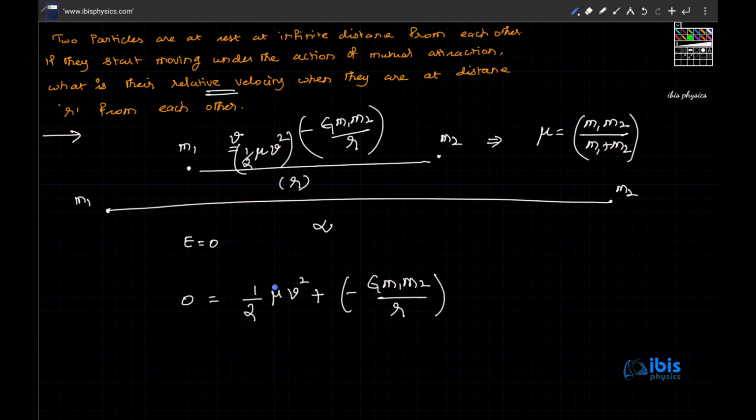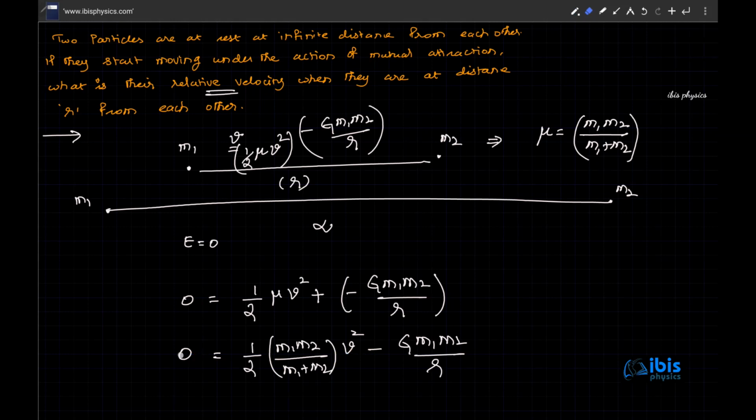So here for m, we are going to substitute this reduced mass. So when you write this, half into m1 m2 by m1 plus m2 into v square minus G m1 m2 by r, that is equal to 0. When you bring this onto the other side, we can write like this.